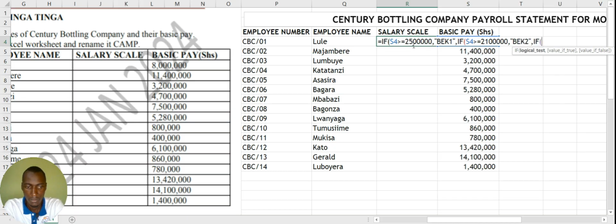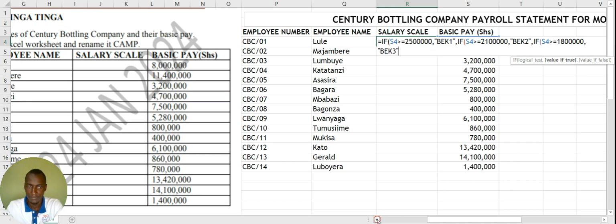Then if S4, that is your basic pay cell, is greater than or equal to 1.8 M, then we expect to see BAK3.